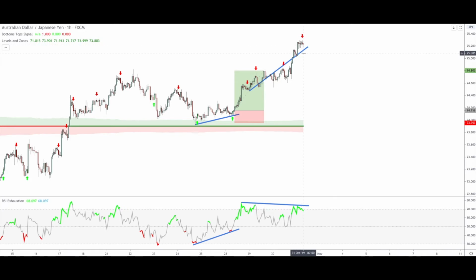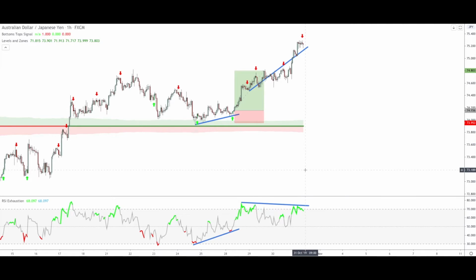So it means that we have divergence, and as we always look for divergence as a first condition, we have one. We have a significant divergence because the price is going way higher than the RSI, which is actually pretty flat, if not slightly moving to the downside. So the first condition is checked.